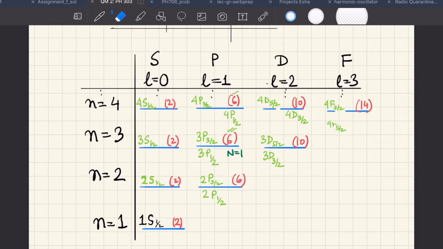If we have no perturbation, then these were the states. Now I have this fine structure, and we have already seen that all our corrections are going downwards.